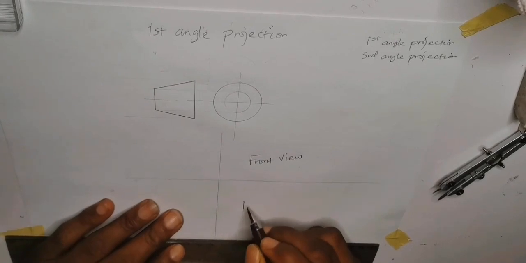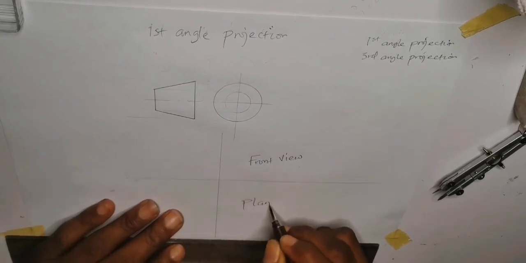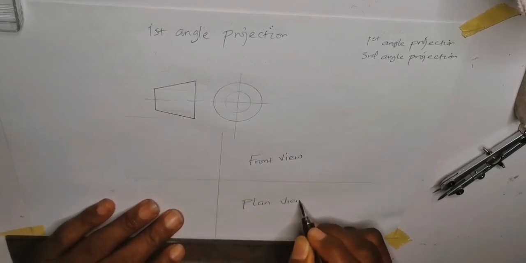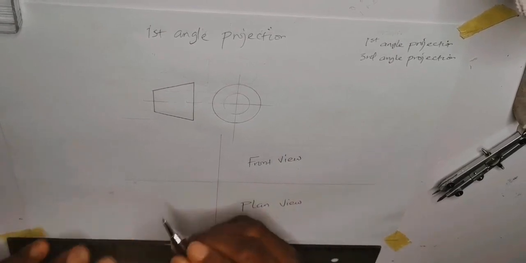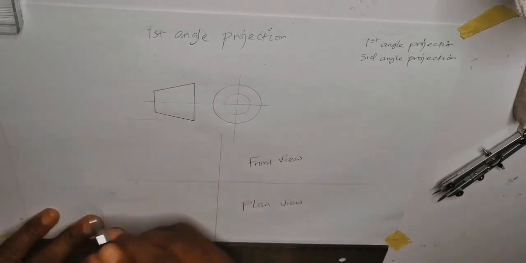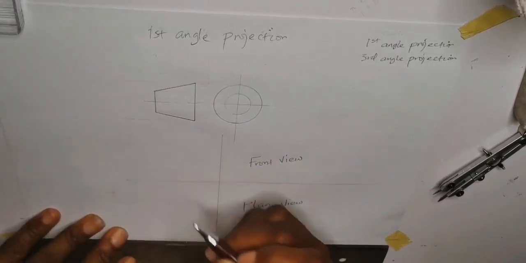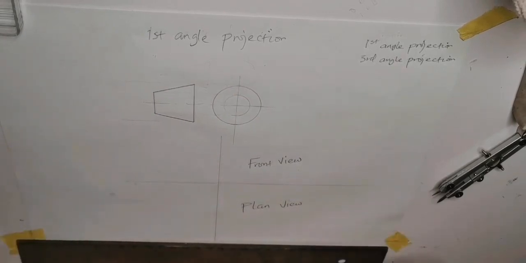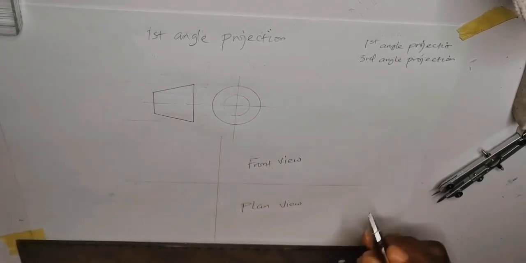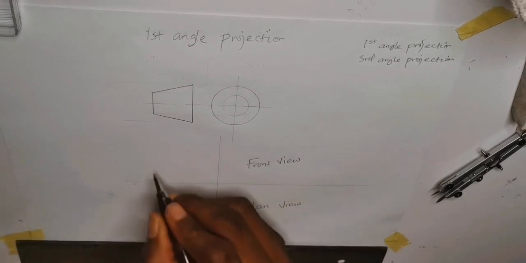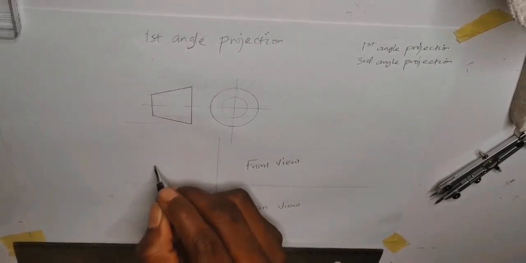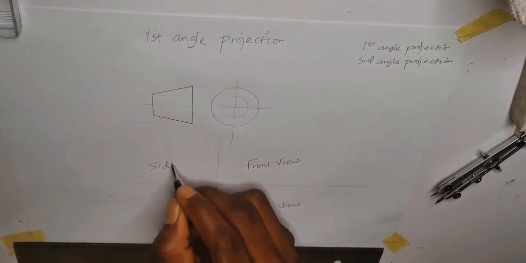My plan view will be drawn at this point, while my end or side view, we can say end elevation, we can also call this front elevation or plan elevation. Then my side view can be drawn here.